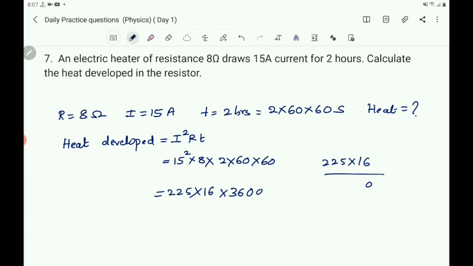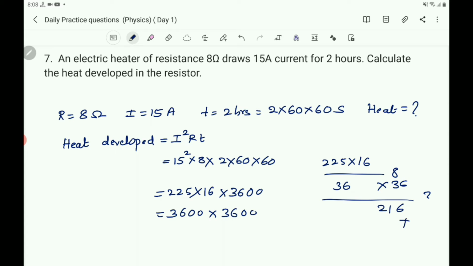16 times 5 is 80. 16 times 2 is 32. 32 plus 8, 40. 16 times 2 is 32, 32 plus 4, 36. So you got 3600. Then 36 into 36 you write, and let us take the zeros afterwards. 6 times 6 is 36, 6 times 3 is 18 plus 3, 21, and so on.